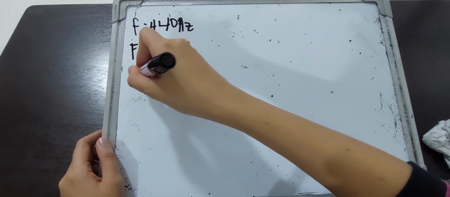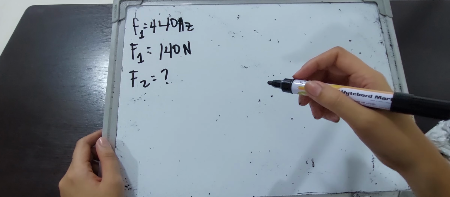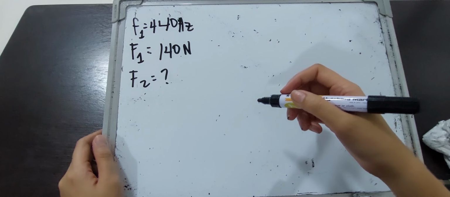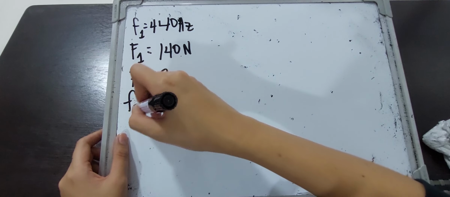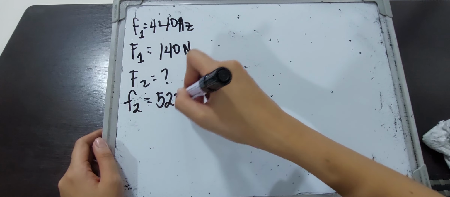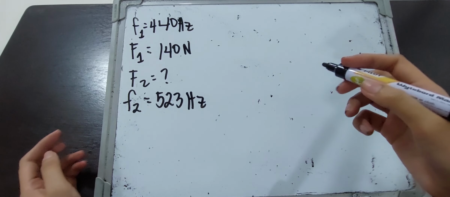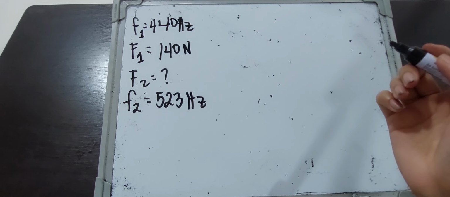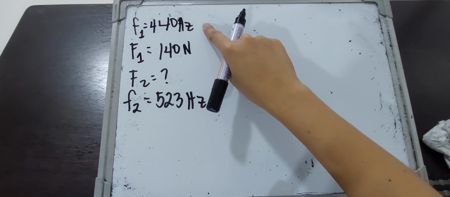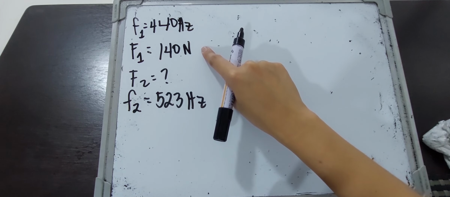What tension would be required to produce a high C? Our C note has a frequency of 523 Hz. So, I will read the problem again. A piano string with a pitch of A that has 440 Hz is under a tension of 140 Newtons.